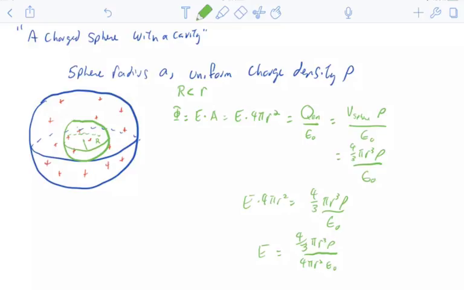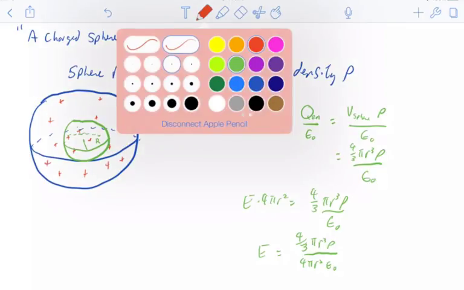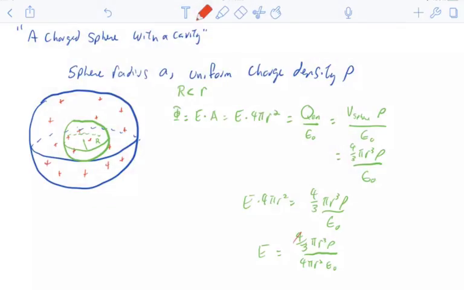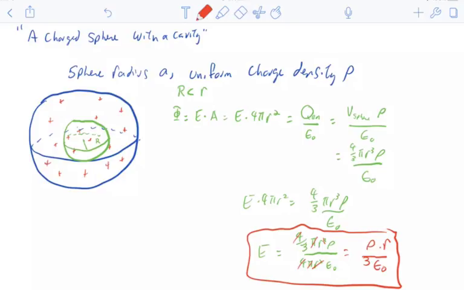Let's play the cancellation game. I never get to play it because people are pretty bad at it, but boop, boop. All right. So this becomes rho times r is equal to 3 epsilon naught. That's fun, right?